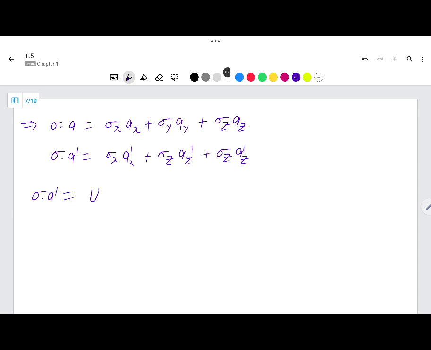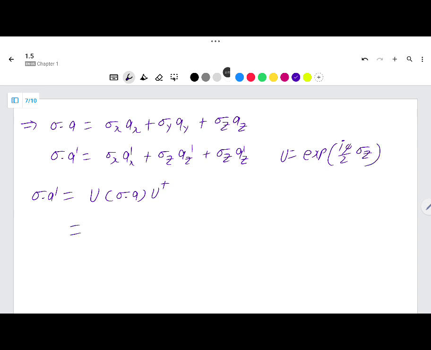There is U sigma dot A U dagger, where U is our exponential I phi by 2 sigma z.